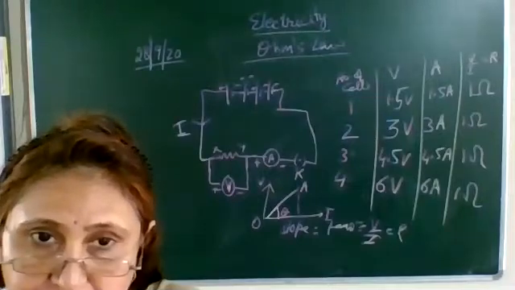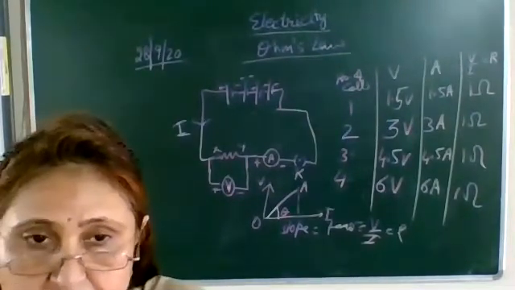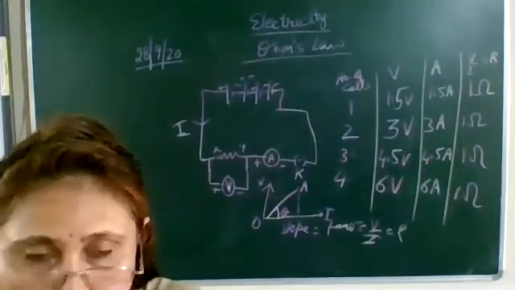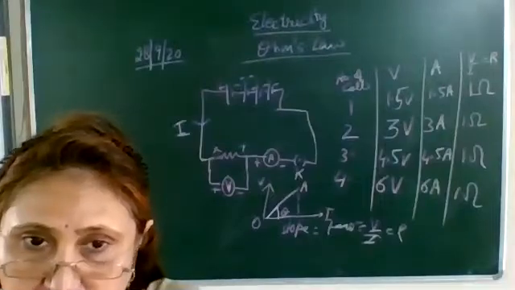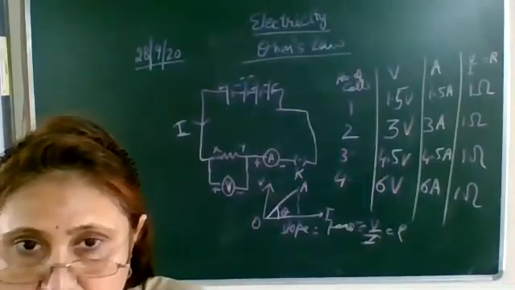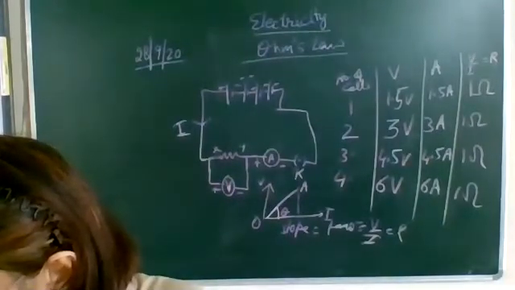The potential difference between 2 points across a conductor in an electrical circuit is directly proportional to the current flowing through it, provided the physical conditions like temperature etc. should remain constant. Okay, so this is very necessary that the physical conditions should remain constant. So this is the complete statement of Ohm's law.